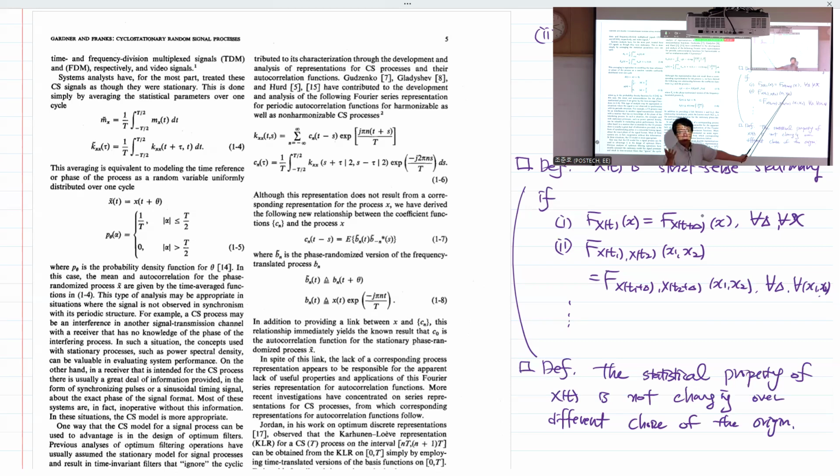What is t1? A point from the origin at distance t1 in the positive direction. And t1 plus delta, you further move. And first order CDF is not a function of t1 and even delta. What does that mean? Choice of origin doesn't matter when you talk about first order CDF. In the second order CDF, you have chosen two points, t1 and t2.